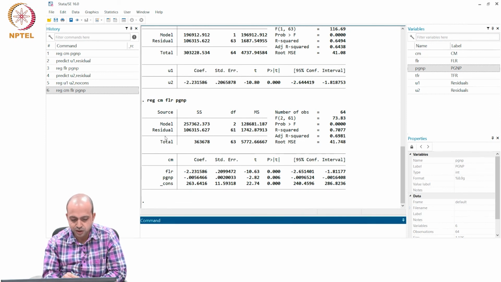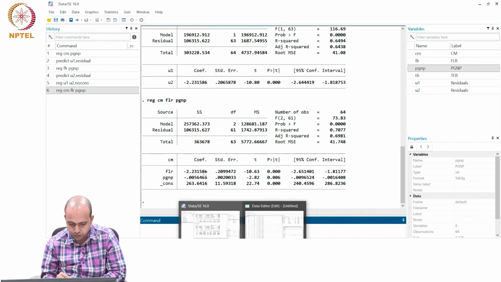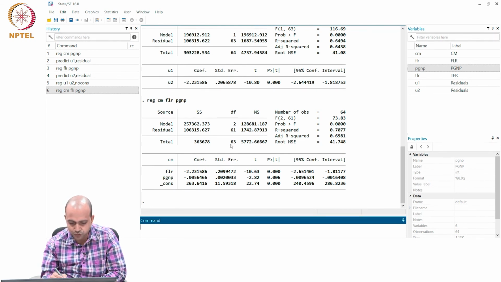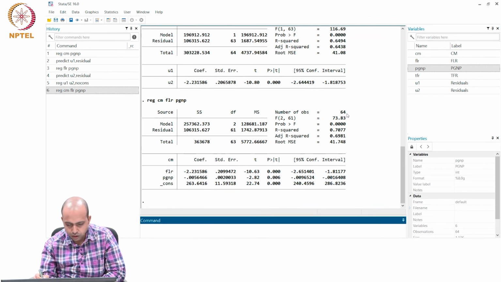That is why you see the degrees of freedom for the total is n minus 1, 63, and for the residual sum of square, n minus k, because k equals 3, so 64 minus 3 equals 61.